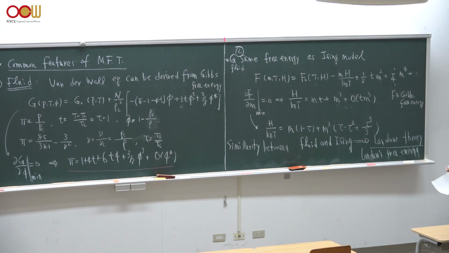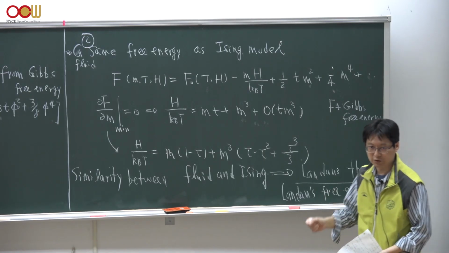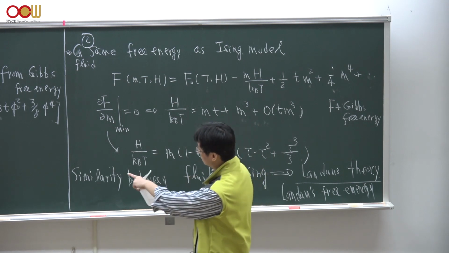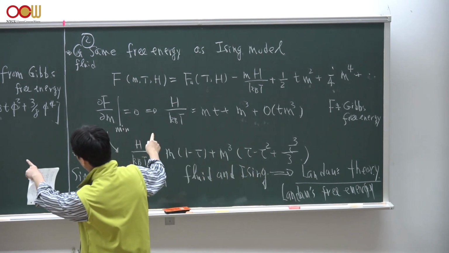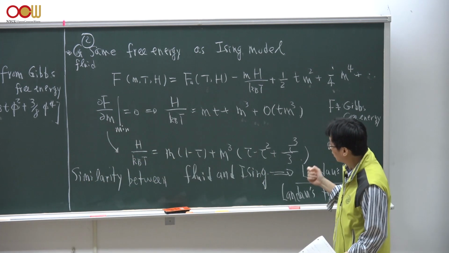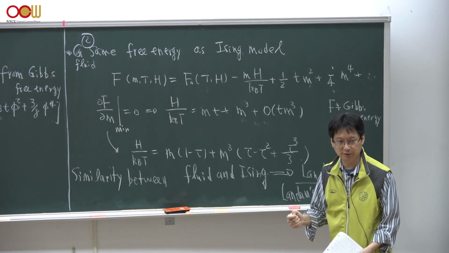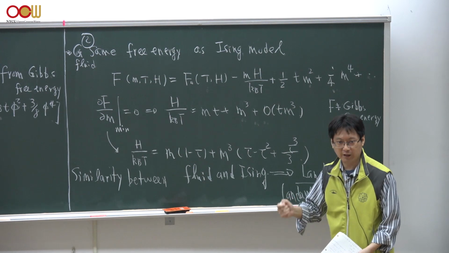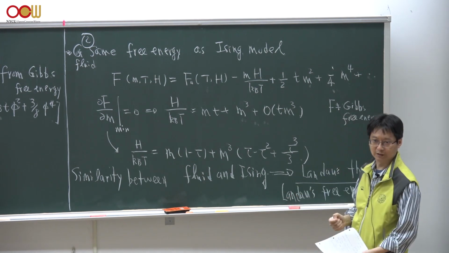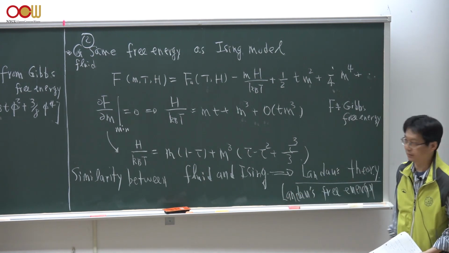So that's the similarity that Landau discovered: in all these phase transitions, if they have exactly the same form of free energy functional as a function of order parameters, they should have the same critical exponents. And that is exactly what happened in these two cases.